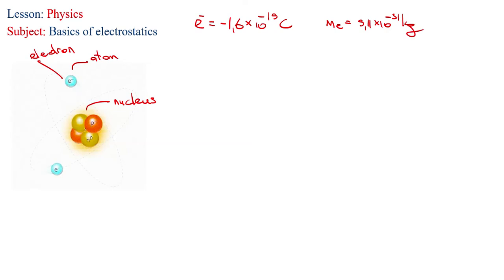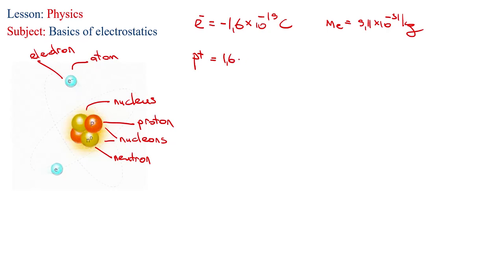And the particles that are inside the nucleus, both of them, are called nucleons, since they are placed in the nucleus. But separately, the positively charged particle is called a proton, and the neutrally charged one, I mean the charge of this is 0, is called a neutron. We'll come back to this later maybe, but the charge of the proton is the opposite of the charge of an electron.